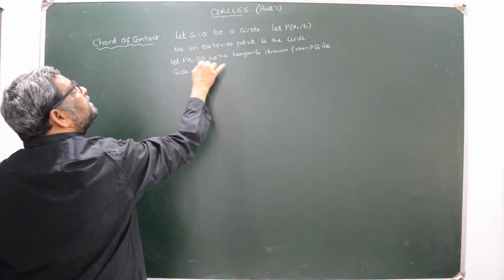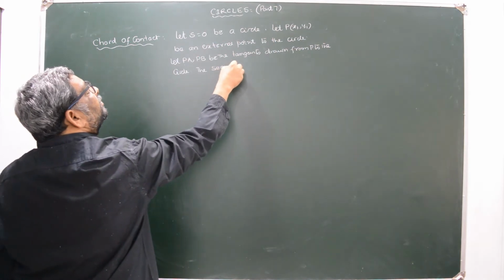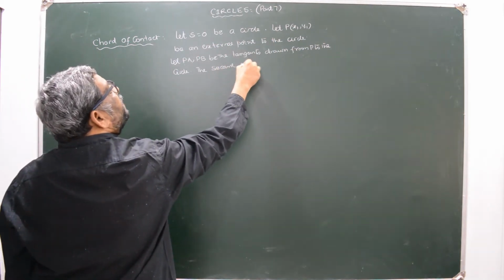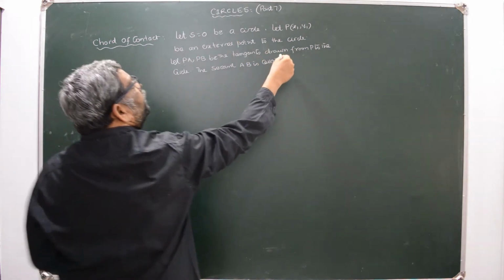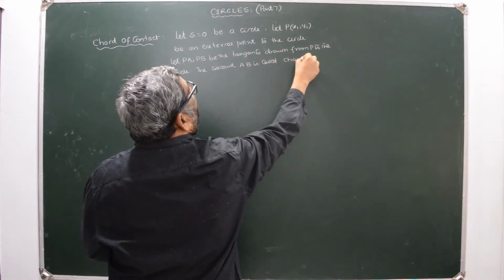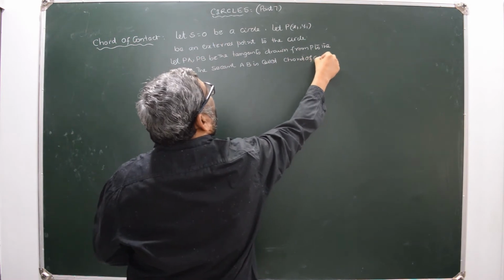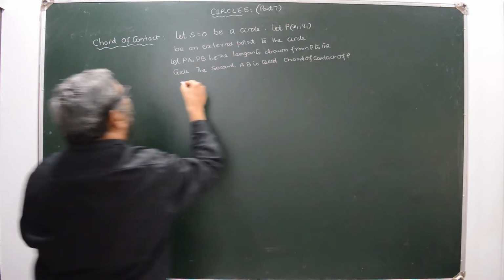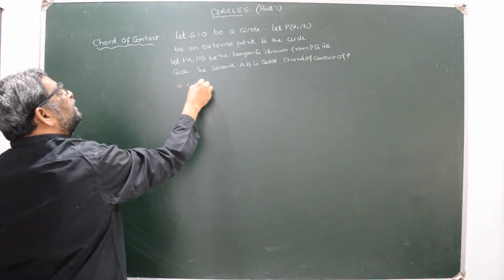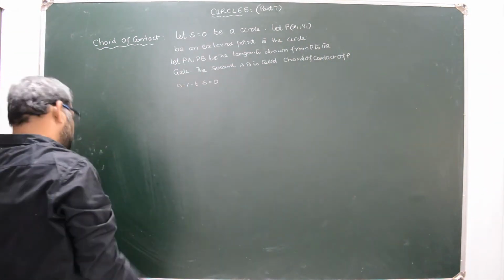The secant AB is called the chord of contact of P with respect to S = 0.